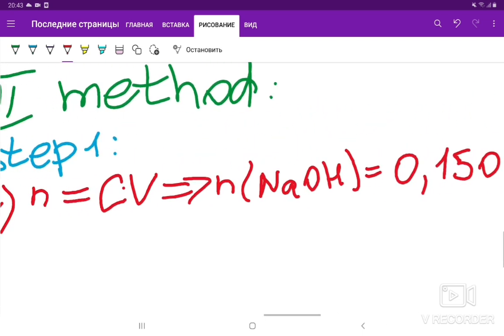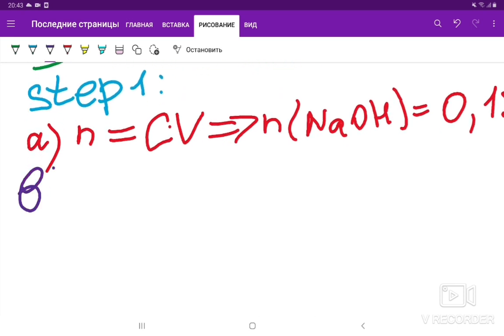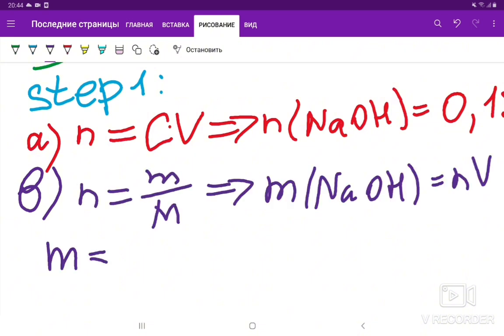Part B. We know the number of moles. We can find the mass of sodium hydroxide. We know the formula n equals m divided by molar mass.